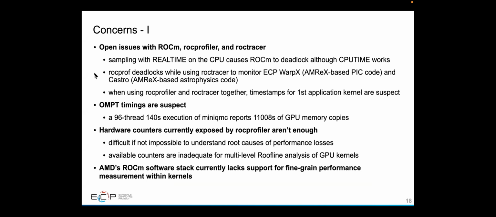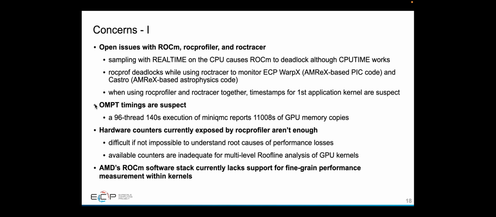These are both AMReX based codes. HPCToolkit will deadlock, but we can also deadlock just using ROCprof with ROC Tracer. There's some work that needs to be done inside the AMD software stack to find out what's going on here. Also, when using ROC Profiler and ROC Tracer together, we found that we were getting the wrong timestamps for the first application kernel. There are some indications that maybe there's a firmware issue that needs to be addressed.